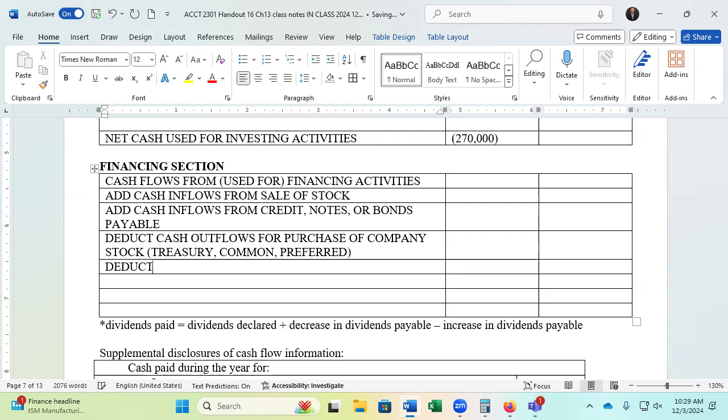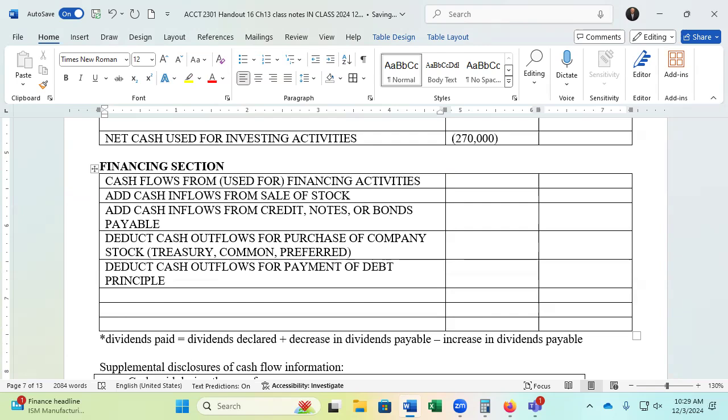You would deduct cash outflows for payment of debt principal, and cash outflows for dividends paid.